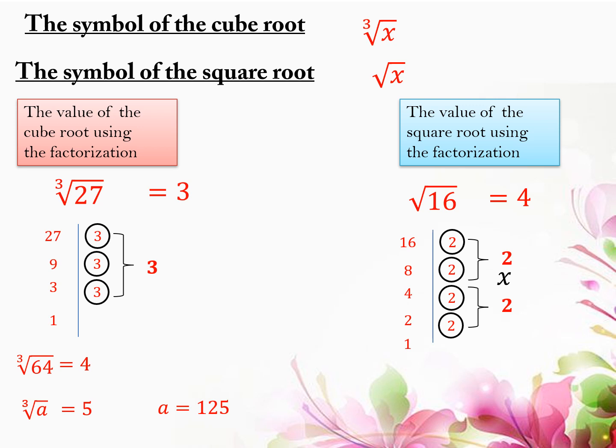So a equals 125. On the other side, if square root of a equals 5, to find the value of a under the square root, we will multiply 5 by itself. So 5 times 5 is 25, or 5 power 2.